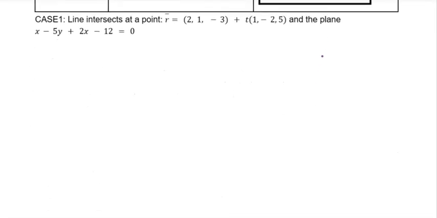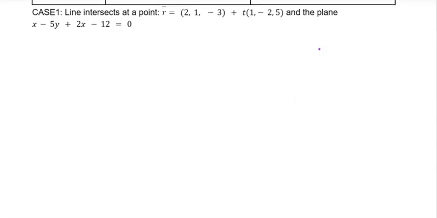So let's consider the case where the line intersects at a point, and let's see what happens to this line and the plane. The first thing that we're going to do is write the line in parametric form. So I'm going to write line 1, and I'm going to write all about my x, my y, and my z.